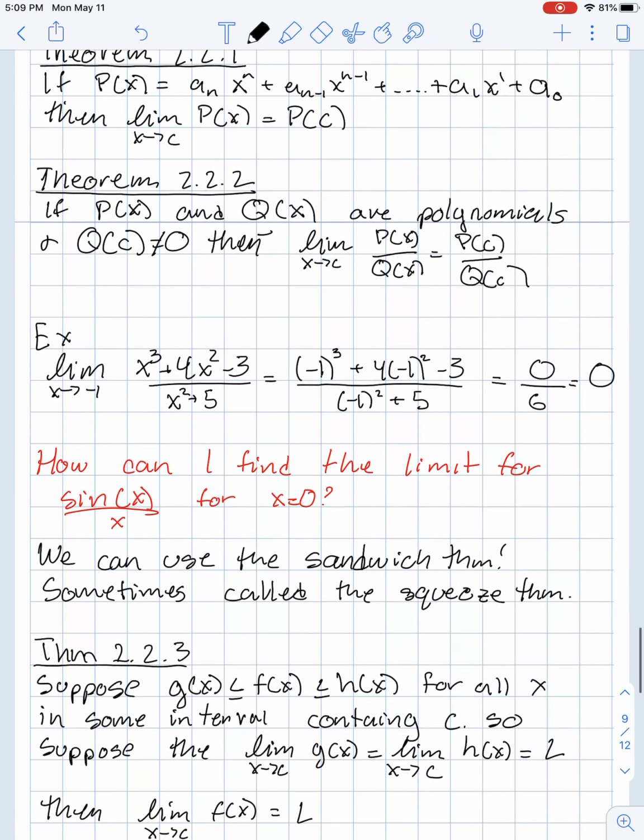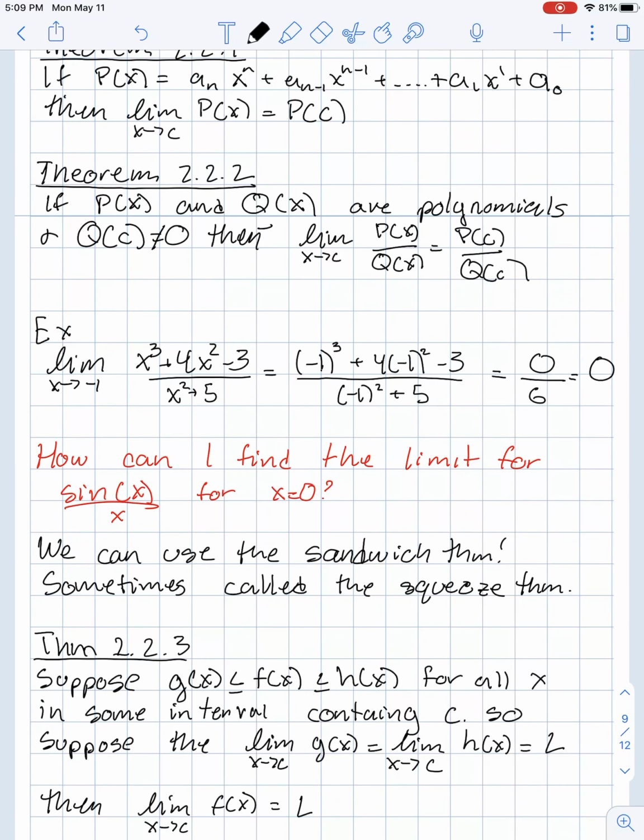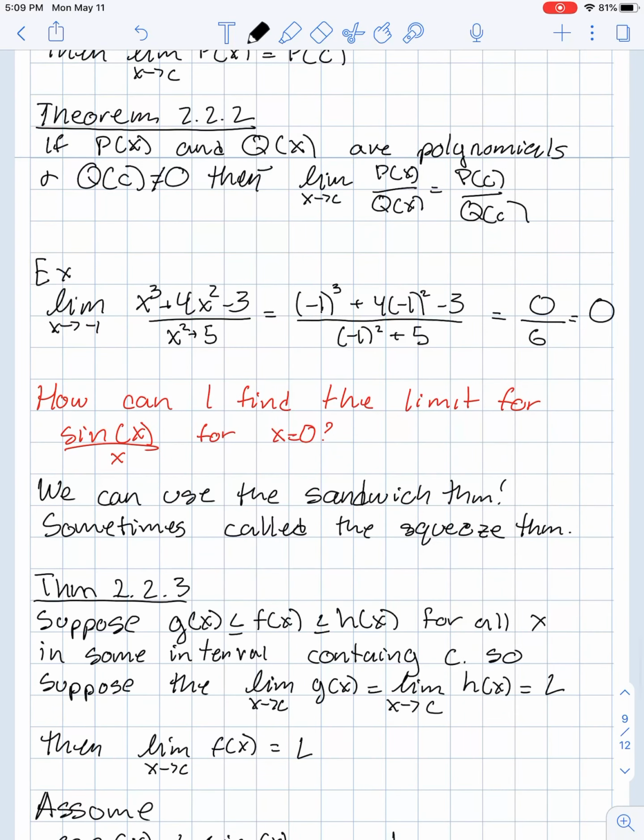So suppose the limit as x approaches c of g of x equals the limit as x approaches c of h of x, and that all just equals L. So my bottom function's limit and my top function's limit are equal to each other, and we called that limit L. Then my middle function, its limit as x approaches c is also going to equal L. They're all going to equal the same thing. That's called the sandwich theorem.